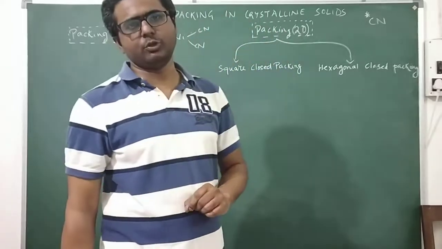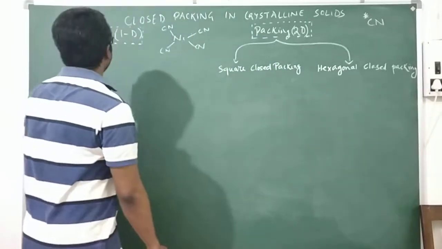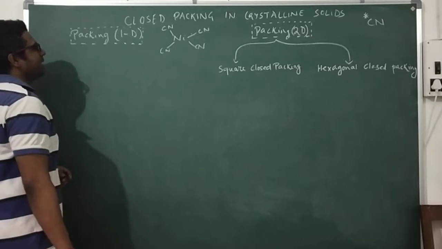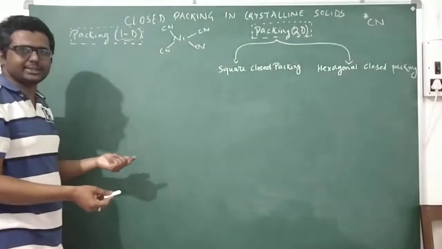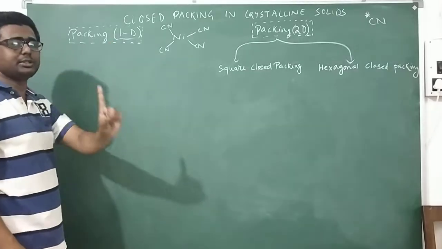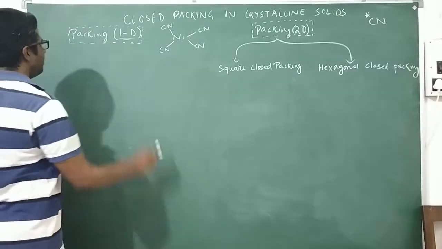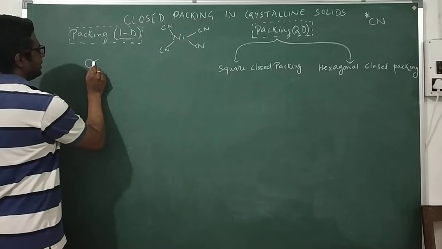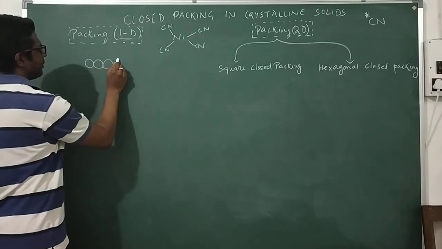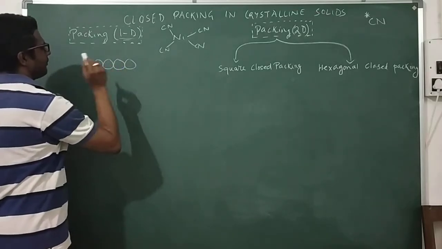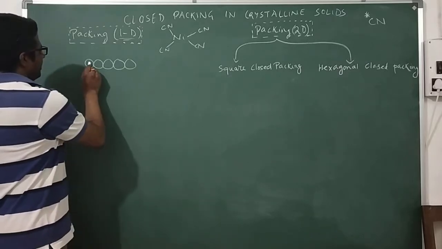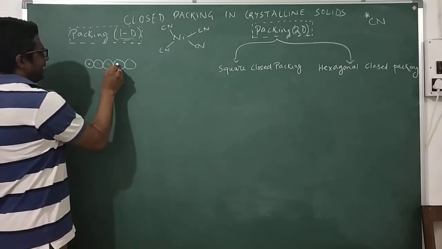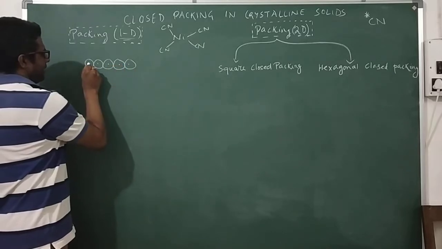So first thing we have to know is packing in one dimension. What does dimension mean? Either x-axis, y-axis or z-axis. One dimension means we have to take only one axis. So we will take over here the x-axis. This is the kind of packing they are talking about. Now you will mark all the centers of these atoms and join them.